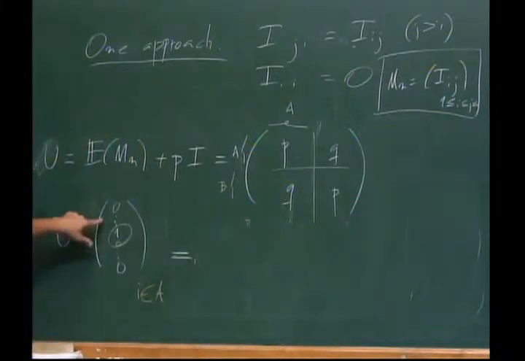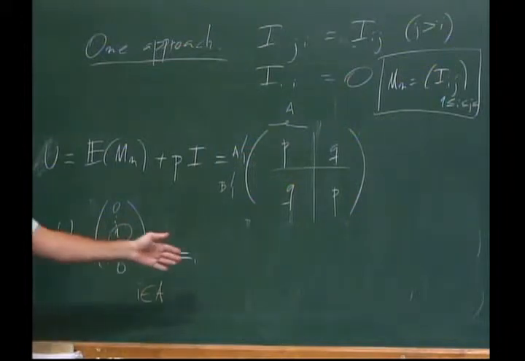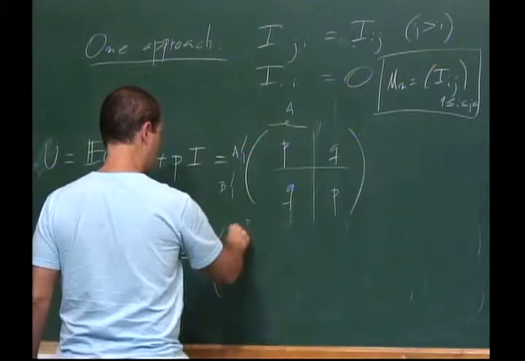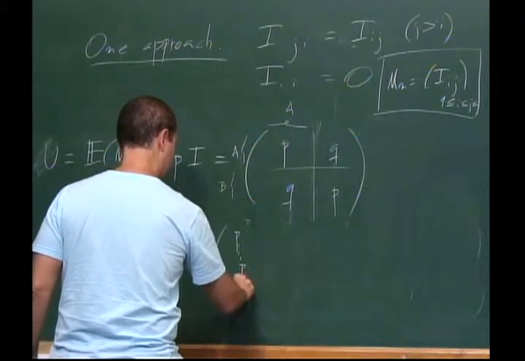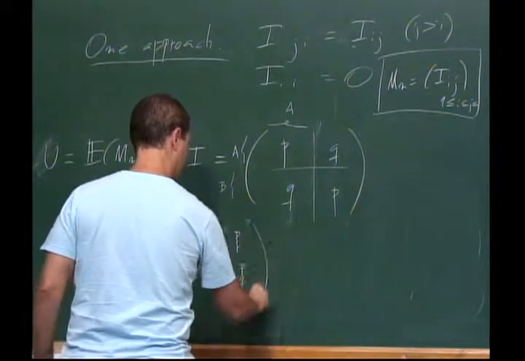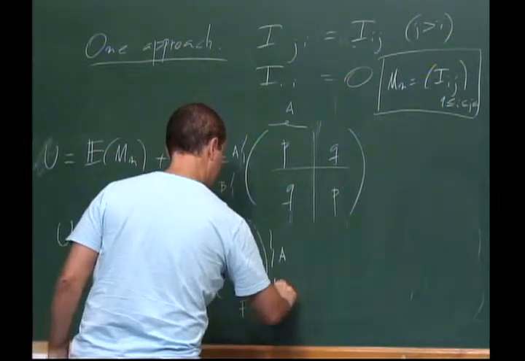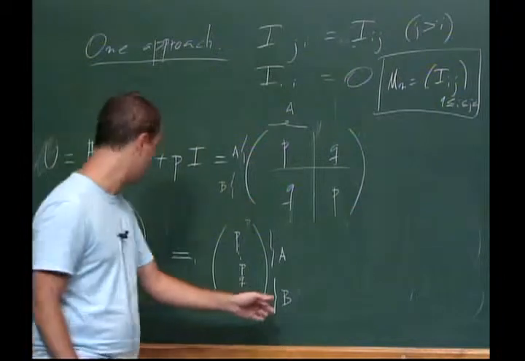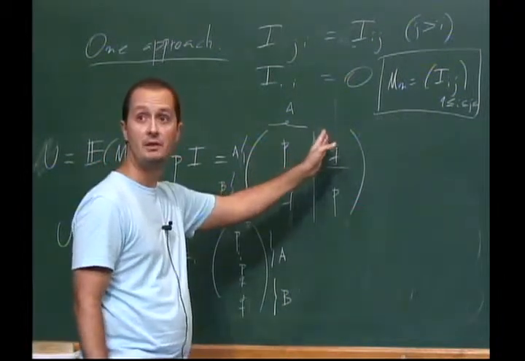What happens when you multiply a matrix by one canonical basis vector? Then you get just the ith column, right? So the ith column looks exactly like P, P, P, and then Q, Q, Q, where this is A and this is B. And here I'm using the fact that i belongs to A. So if I take an element of B, I'm going to get it reversed, right? I'm going to get Q and P.